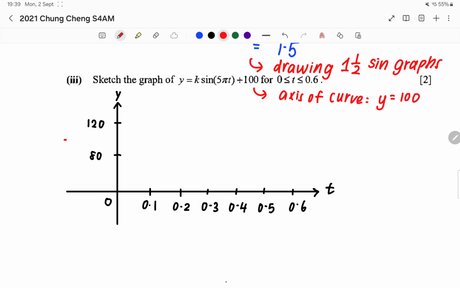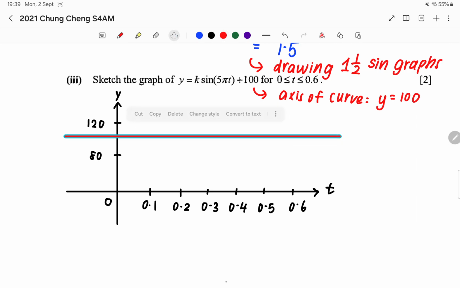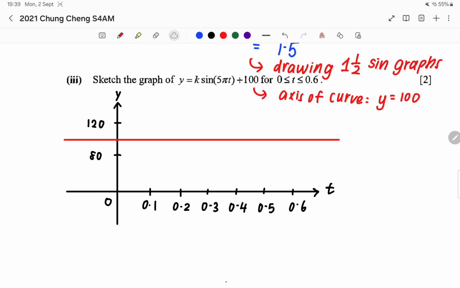So I will have one line over here. The axis of curve serves as a marking to cut the curve into two equal parts. So I'll just start drawing. I know that when t is 0, y is 100. So I will start from here and mark a point here.